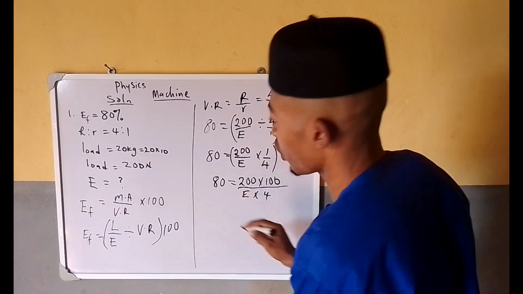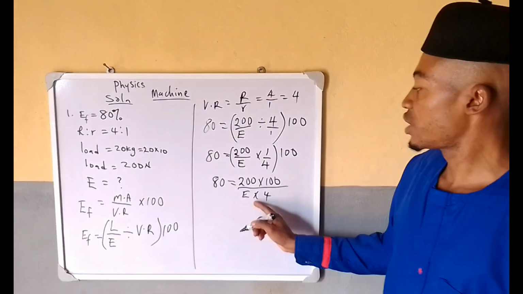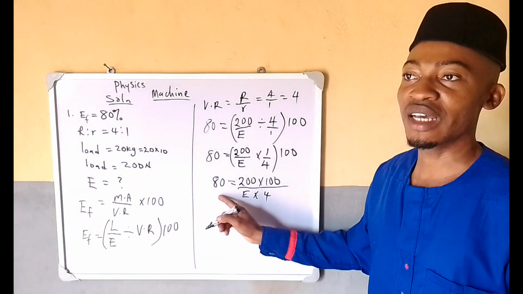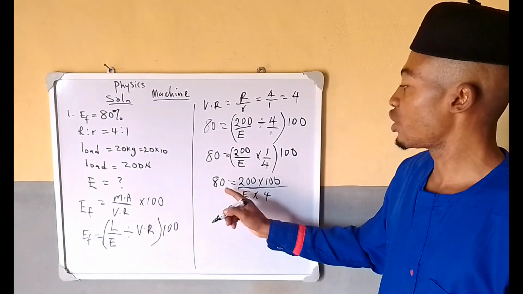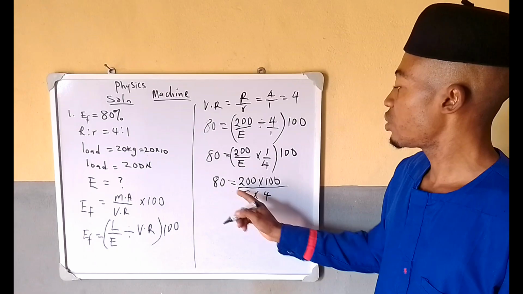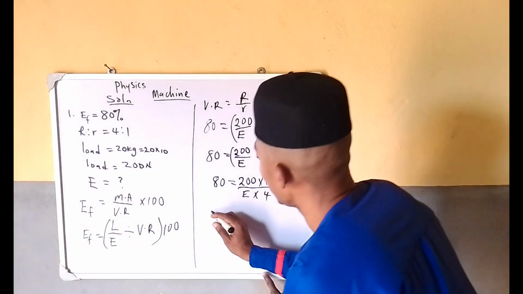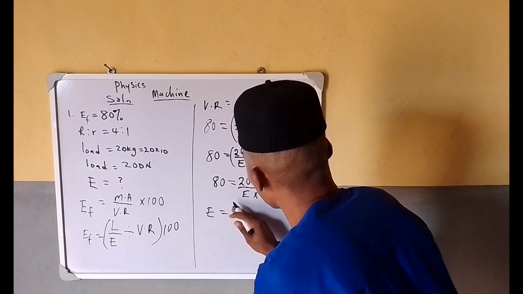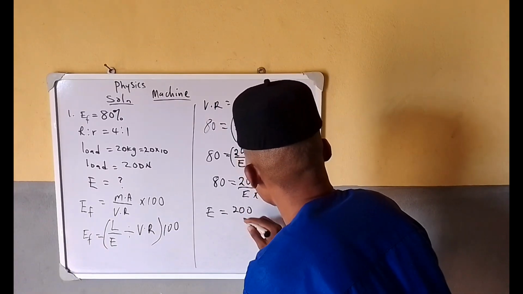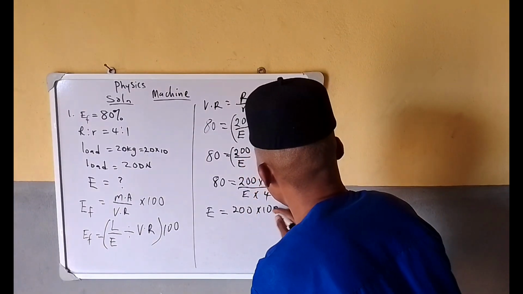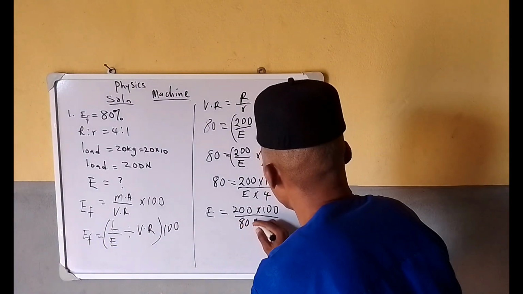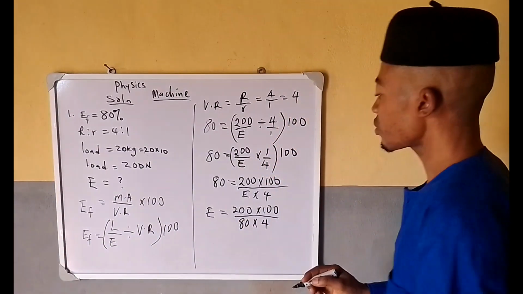If you make E the subject, this E multiplied by 4 here, which is a denominator, multiply this by 80, and when that is done, we will now say that E is equal to 200 times 100 divided by 80 times 4.